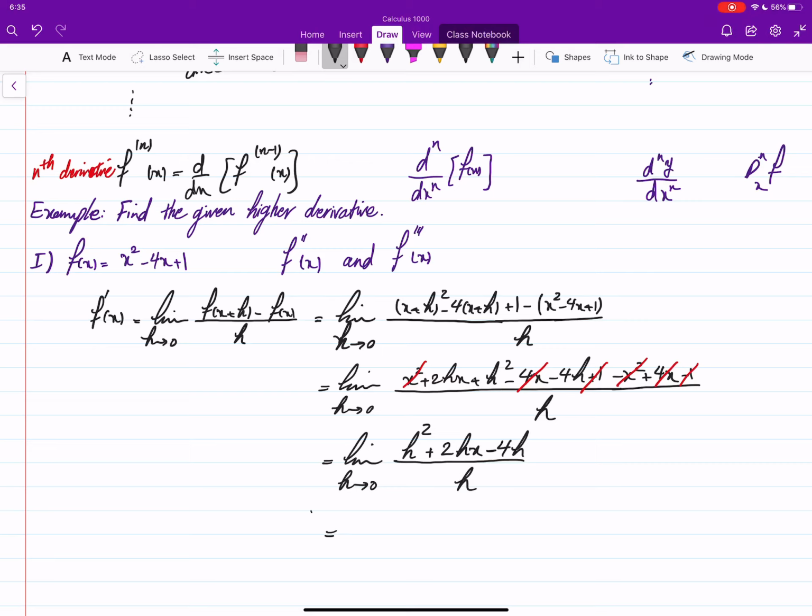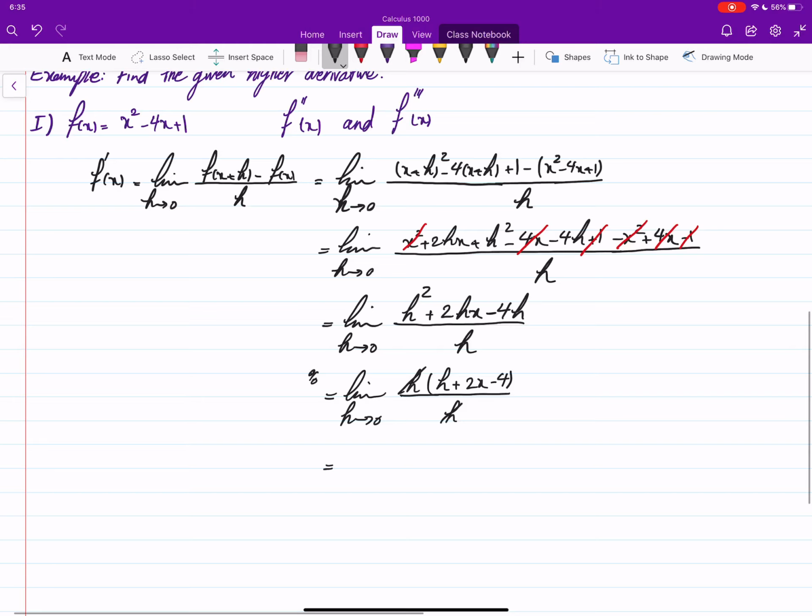This is 0 over 0, but you can easily see that I can factor out h from the numerator, and that will give me h times (h plus 2x minus 4) over h. These two cancel, and this is the limit of h plus 2x minus 4.